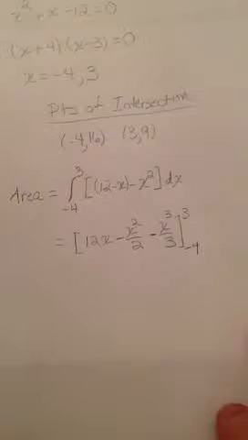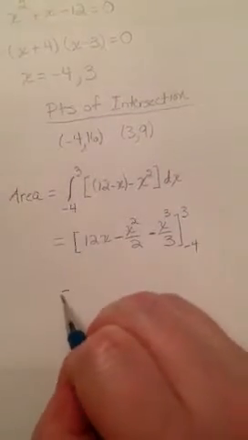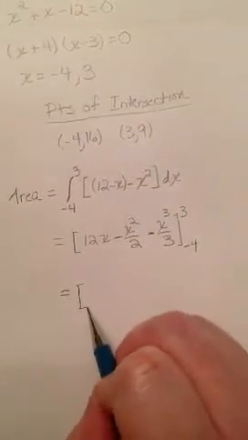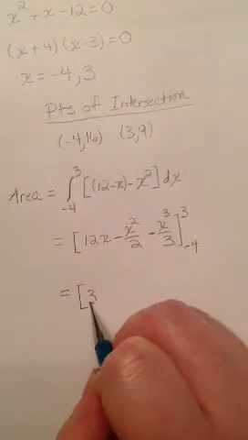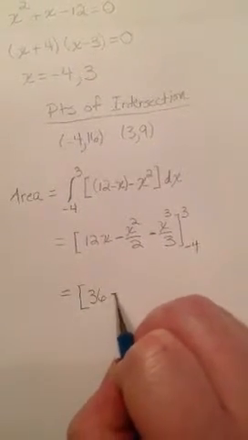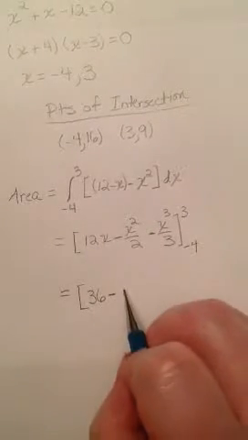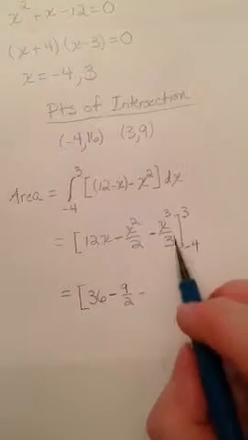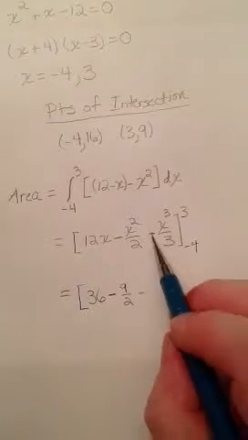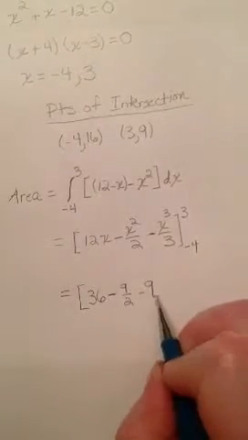And as we look at substitution, with the upper limit at 3, the corresponding values we have are 36, -9 halves, 3 cubed is 27, over 3 is 9. That being subtracted, we have -9.